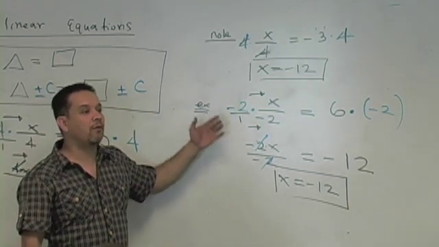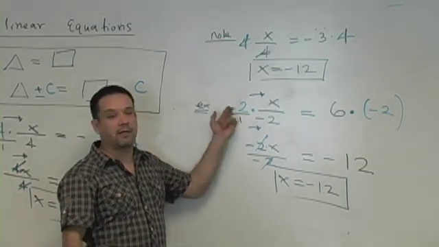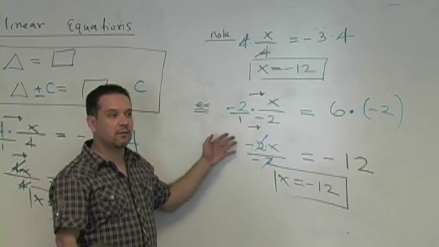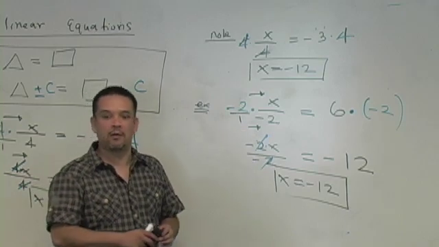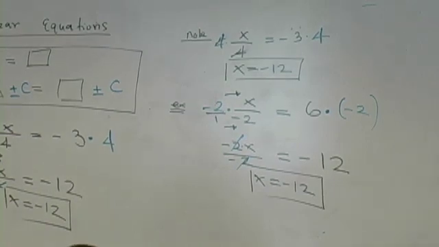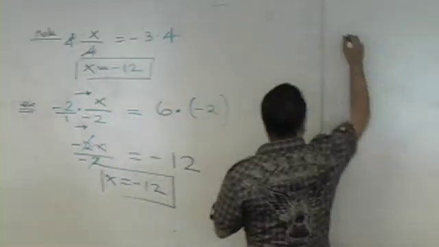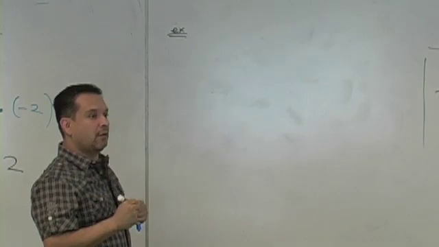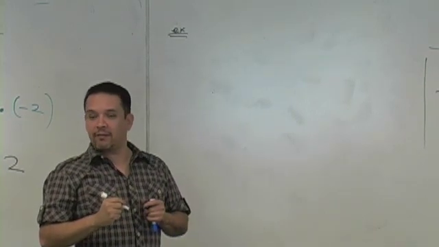When you feel comfortable, you go, okay, I can cancel the negative 2s. Okay, anybody have any questions on this? You sure? You're positive? These are what I describe in my mind as the basics for solving these linear equations, and these are the basics that you have to master. Okay, you guys okay with this?